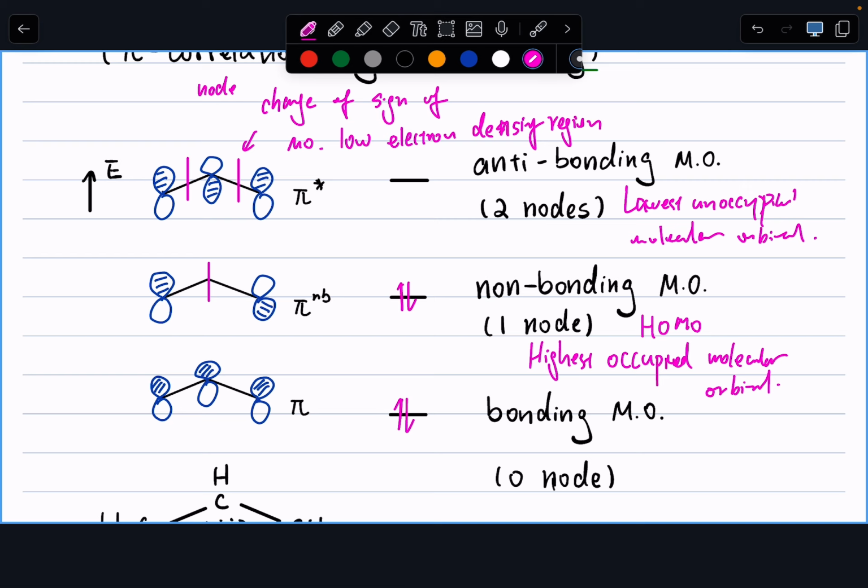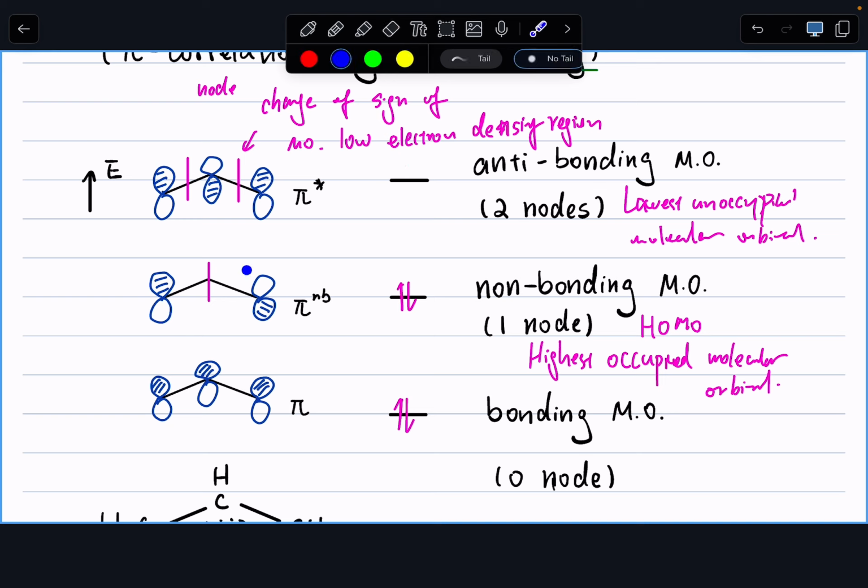It's going to go into the anti-bonding MO, right? And that's unlikely, because whenever we put electrons into the anti-bonding MO, we're destabilizing the chemical bond. So that's why a carbanion will never want more electrons, unless it has no other option. That's rule number 1.